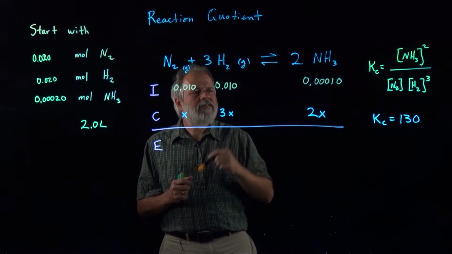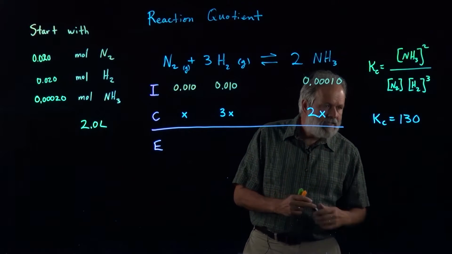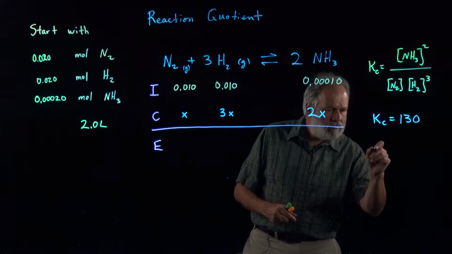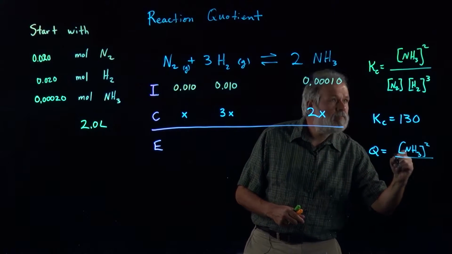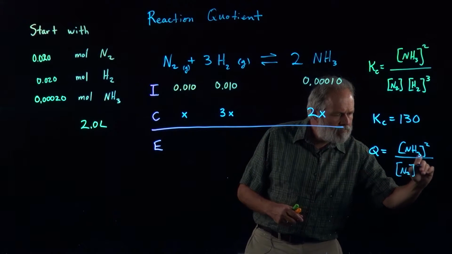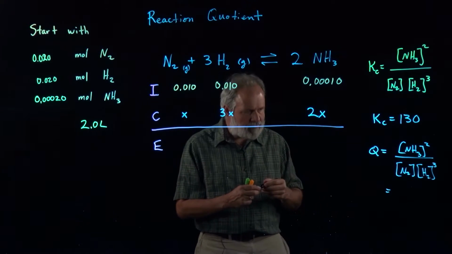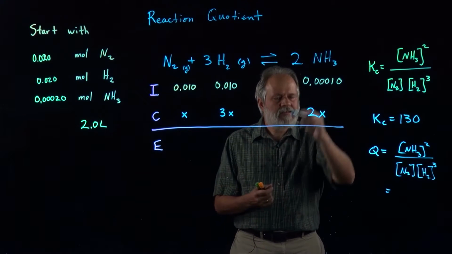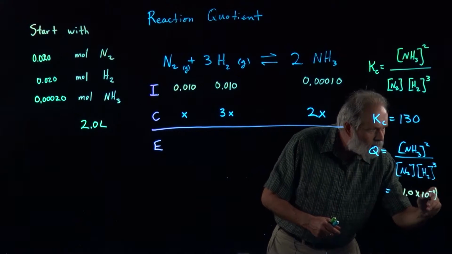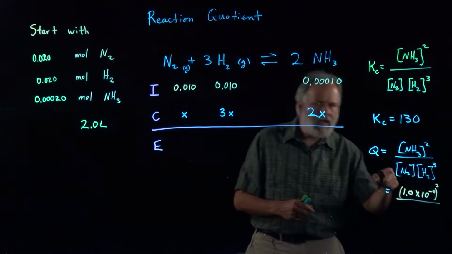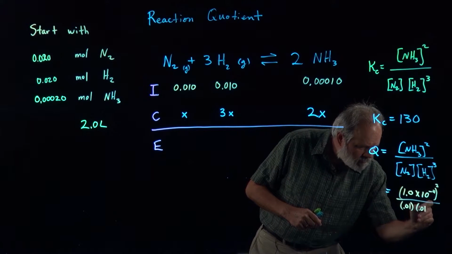Let's go ahead and calculate now the reaction quotient from the expression for Q. So all we do is we're going to say Q is the same expression, except now we put in the initial numbers, and it's going to be 1 times 10 to the minus 4 squared divided by 0.01 and 0.01 cubed.